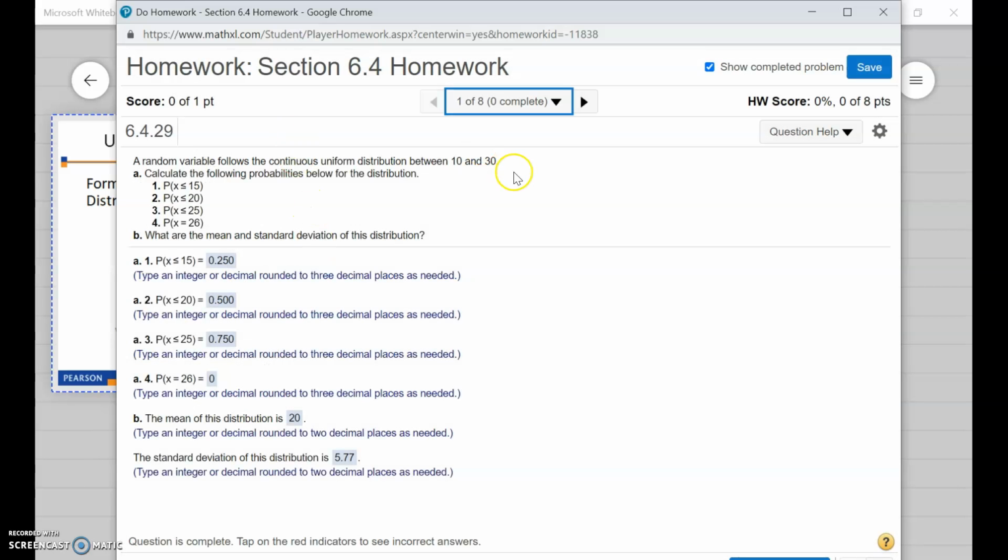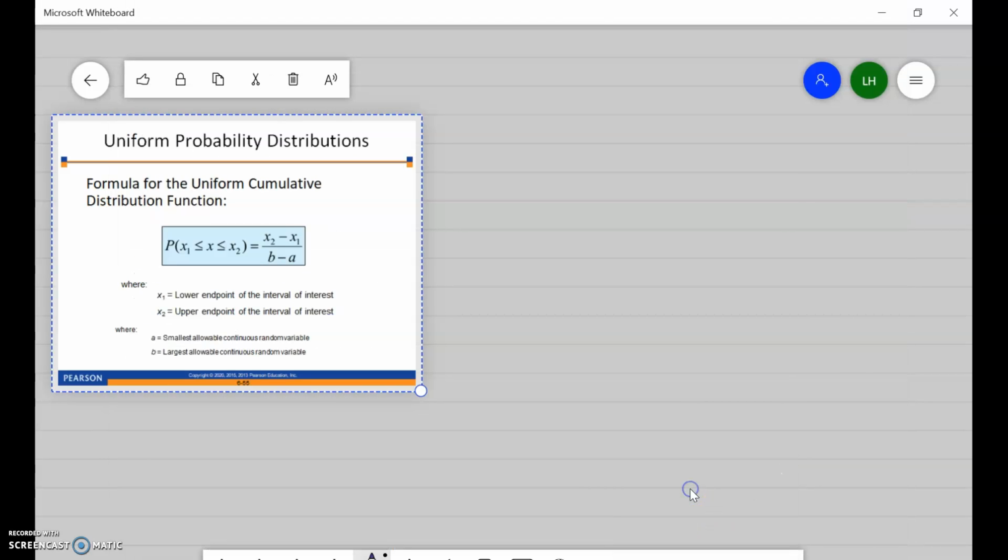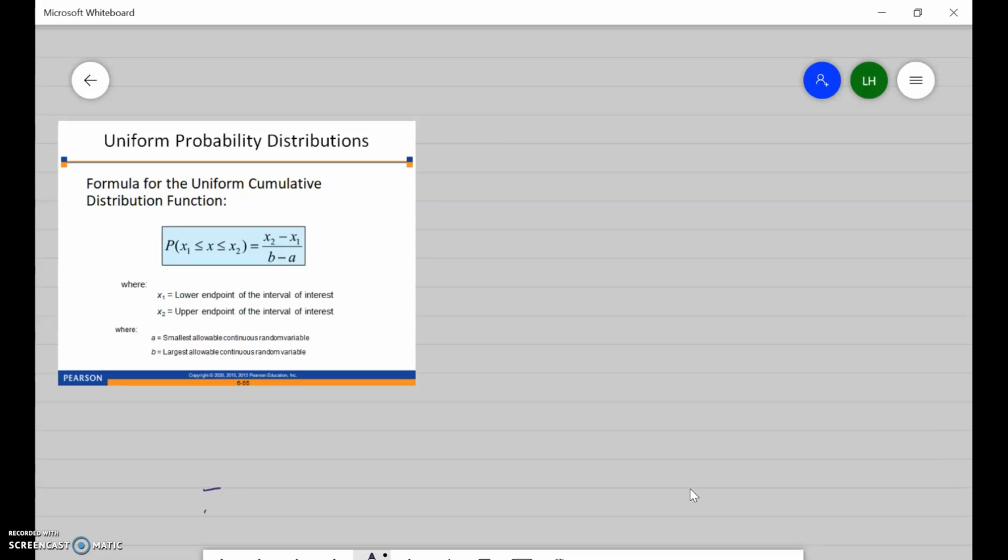And it looks like we're doing a uniform distribution between 10 and 30. So since this is a uniform distribution, my entire distribution is from 10 to 30.